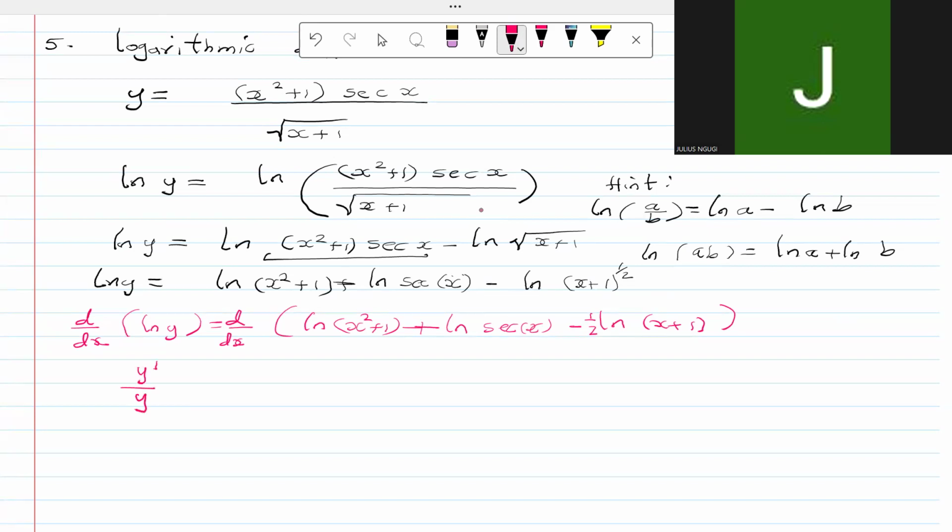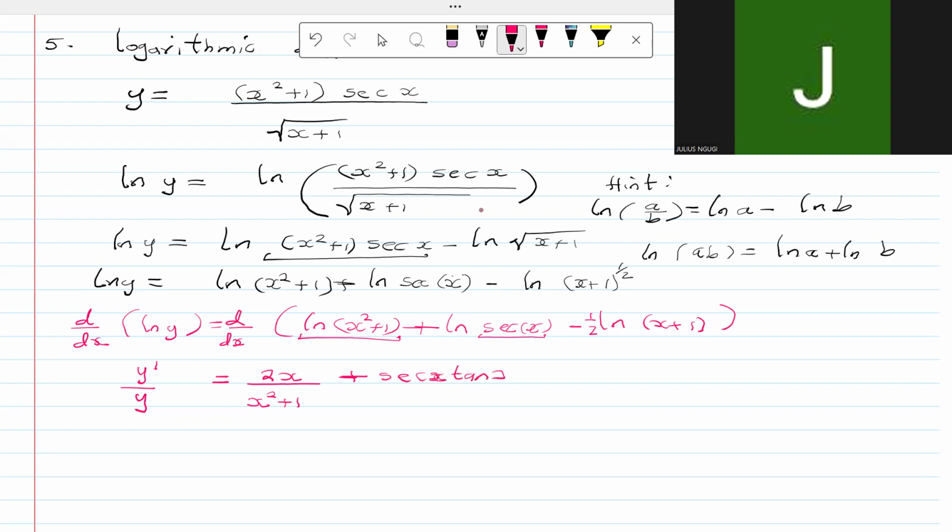so it's y prime divided by the original function, which was inside the ln, which equals, let's differentiate again ln of this part, ln of x squared plus 1. So it's the derivative of x squared plus 1, that's 2x. You divide by the inner part in the ln, that is x squared plus 1. Let's continue, plus the derivative of secant of x, it's secant x tan x.